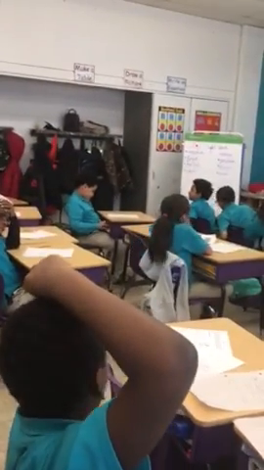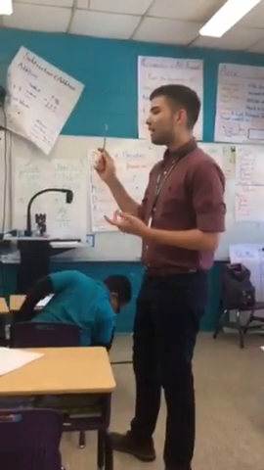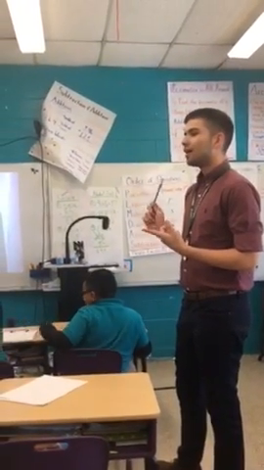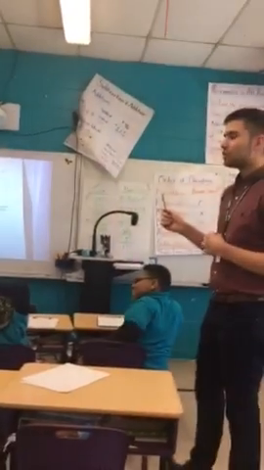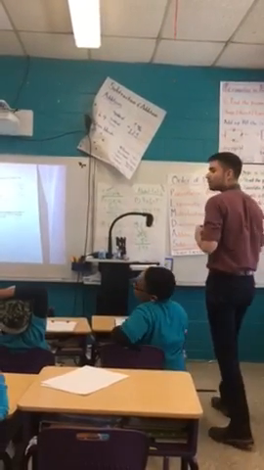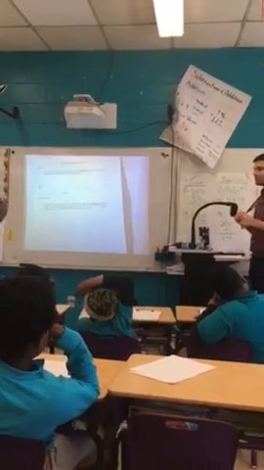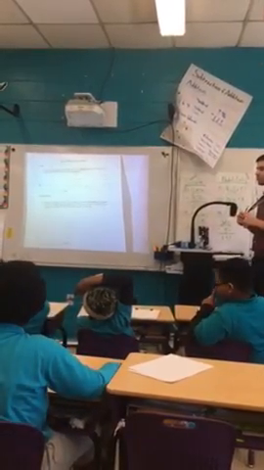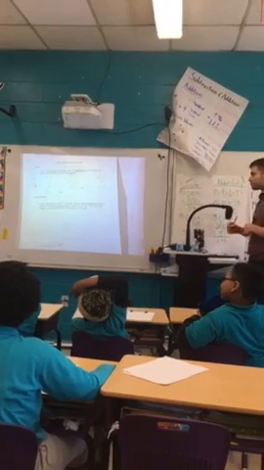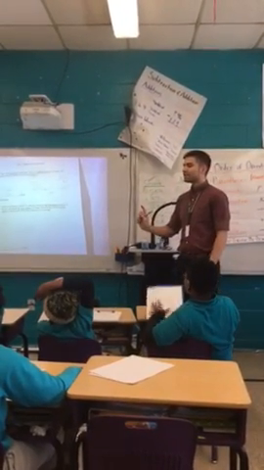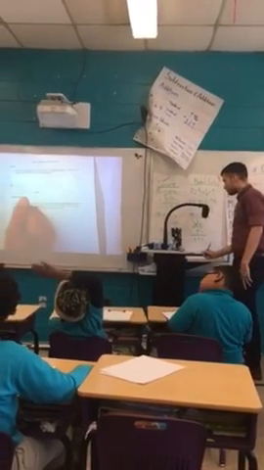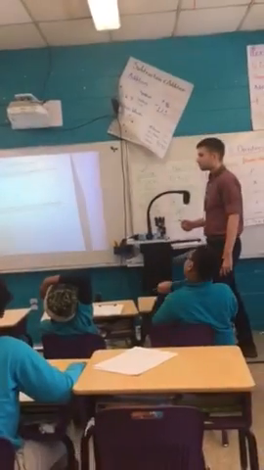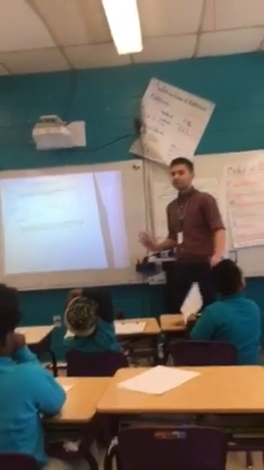Let's get to work. What should our first step be? I just annotated my problem. What should my next step be? Danielle, what should my next step be? Your next step should be adding 195. So I'm going to establish a number sentence.